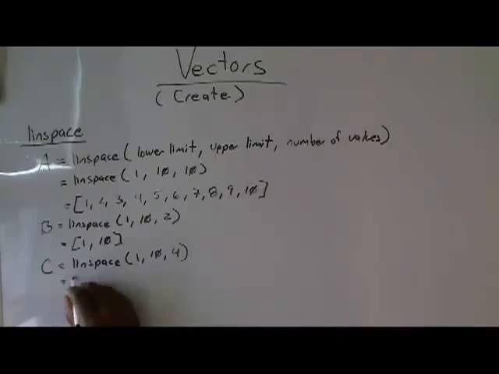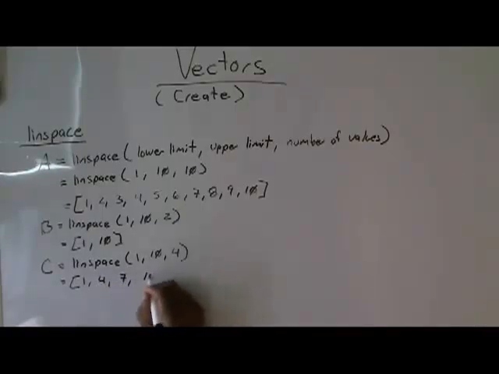So that's going to be 1, 4, 7, 10. Now look at that. There's a value of 3 between each of these. So these are 4 values, lower limit 1, upper limit 10, evenly spaced between 1 and 10.